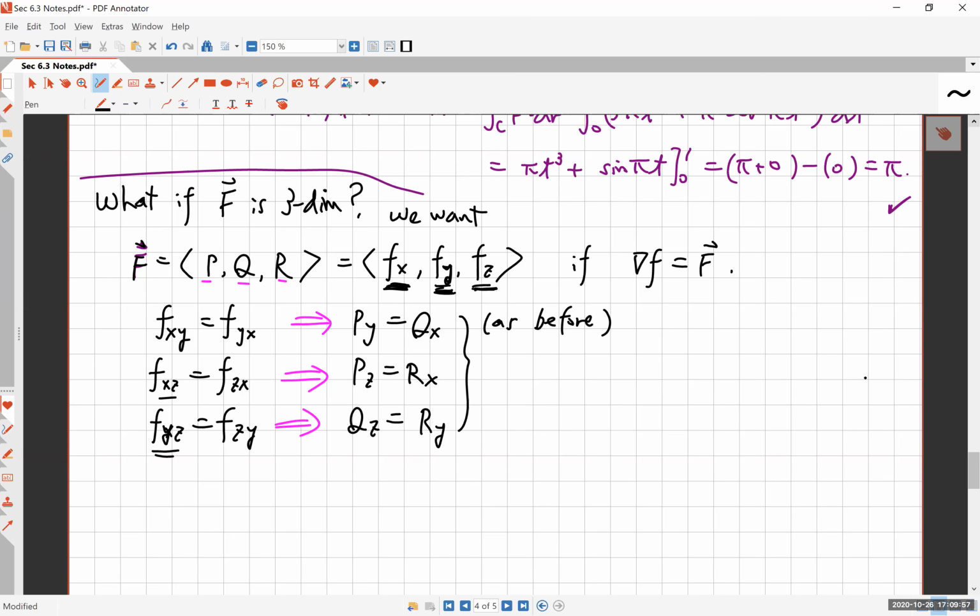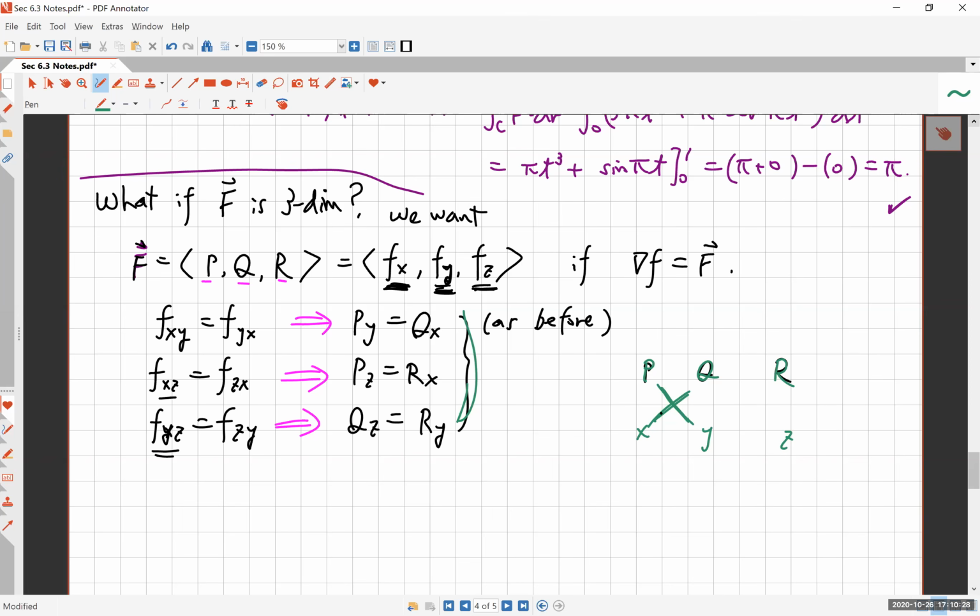This is a little complicated, but there's a nice, easy way to remember this, and you probably should remember this picture. What you have is three components, P, Q, and R, and you have x, y, and z. And what the three statements are telling you is this: if you cross the first and second, Py must be equal to Qx.